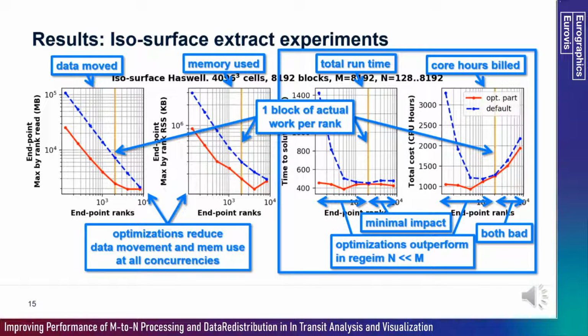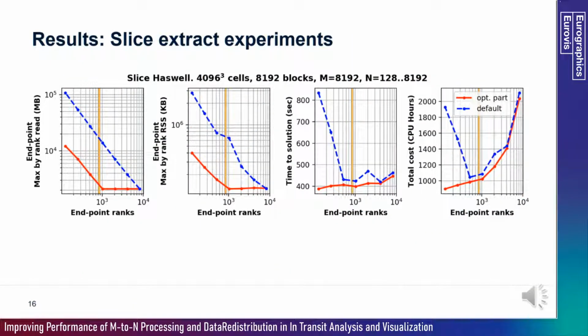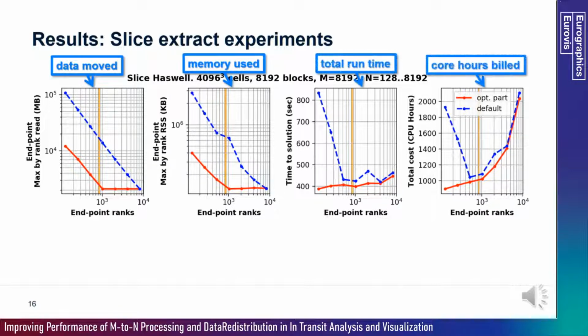This hints that lower values of n relative to m, where there's some level of oversubscription, are beneficial. In this slide, we present the results from the slice extract experiments. Again, we've got 4 panels, one for each of our 4 performance metrics.